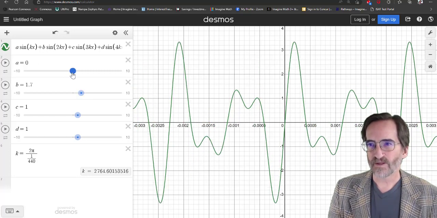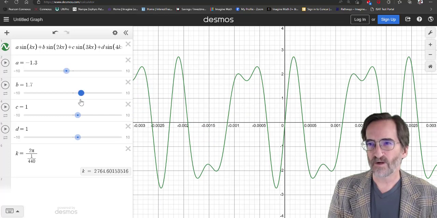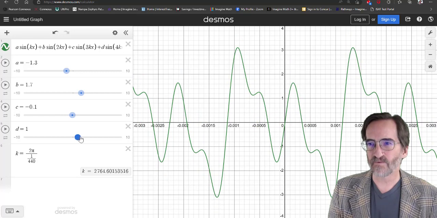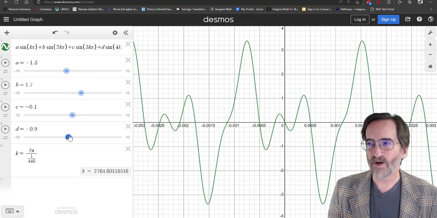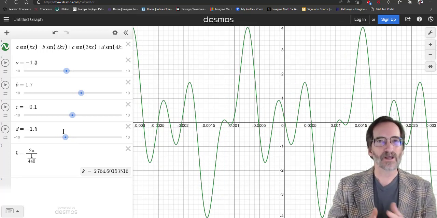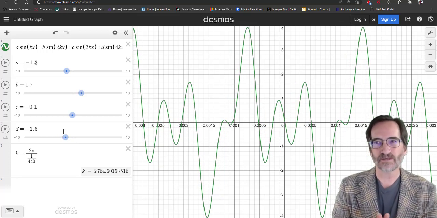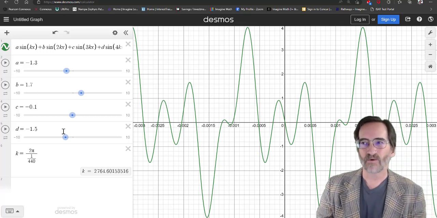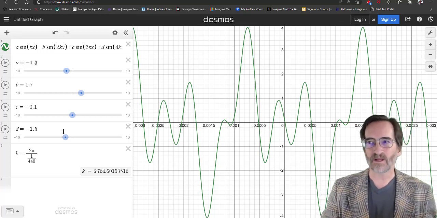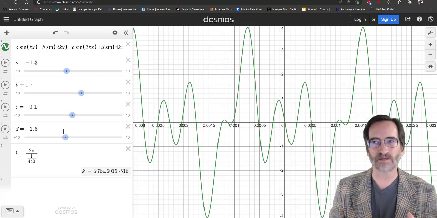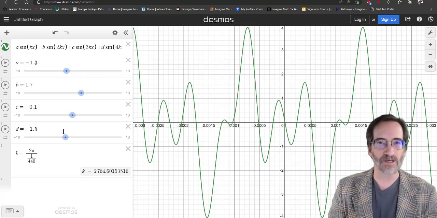I can fiddle with these and end up with all kinds of different shapes. Now, if I try to match existing frequencies or existing signals, I can recreate all kinds of things. These are called Fourier series. And writing a signal as a sum of these is called a Fourier transformation.